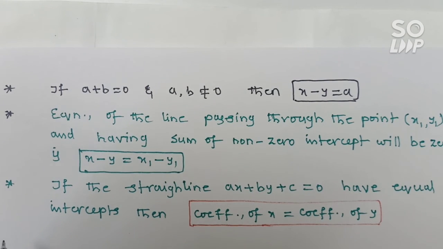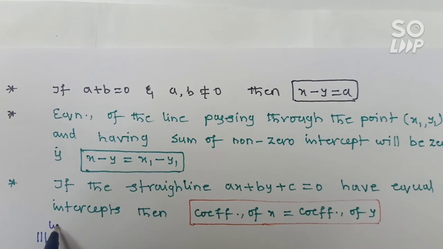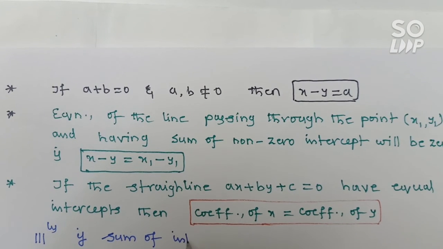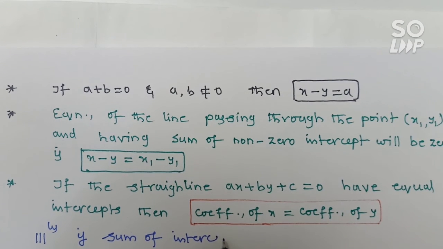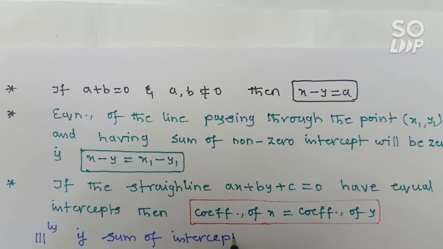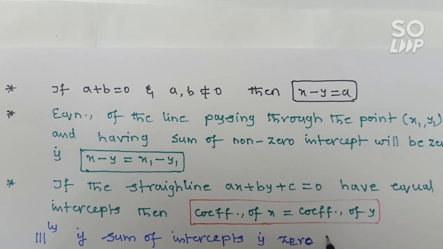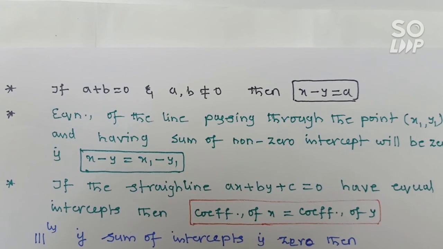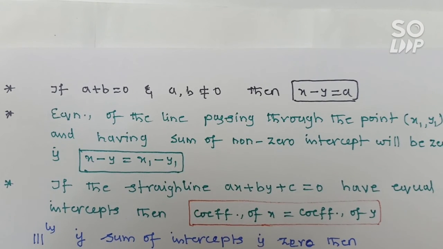So here you write that similarly, if the sum of intercepts is 0, then coefficient of x plus coefficient of y will be equal to 0.